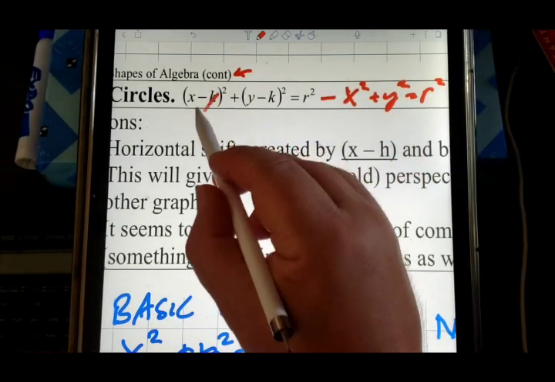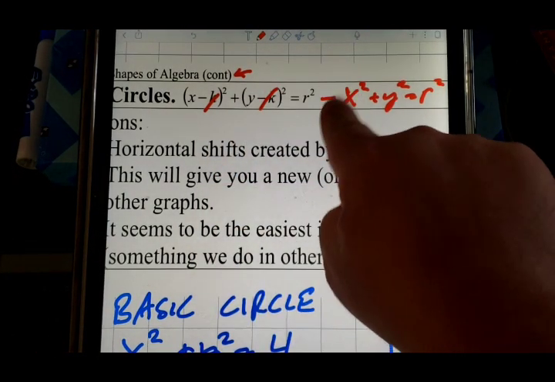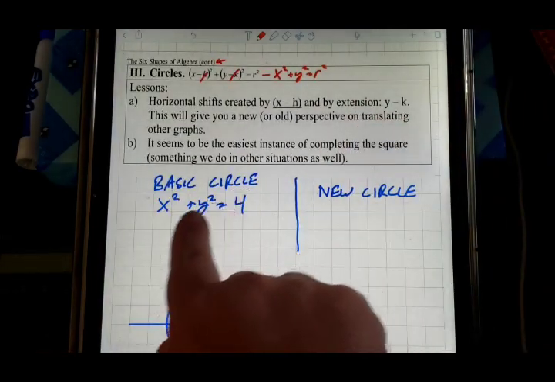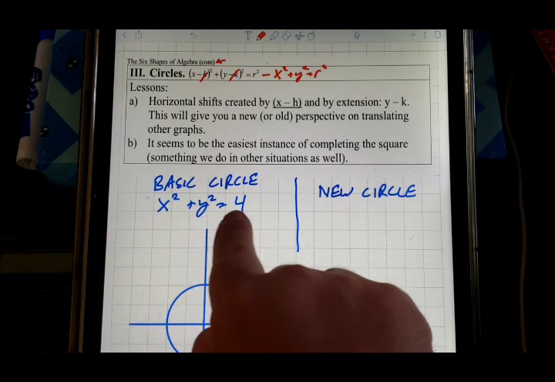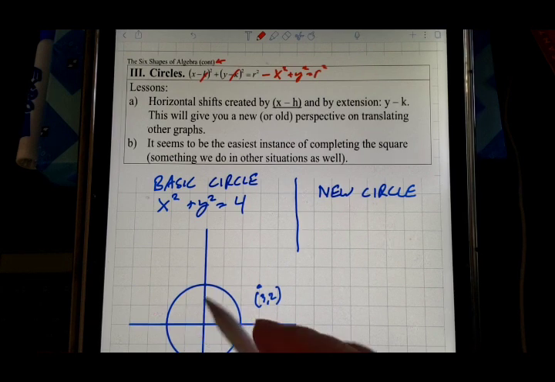I call that the basic circle. The basic circle is x squared plus y squared equals something, in this case 4.